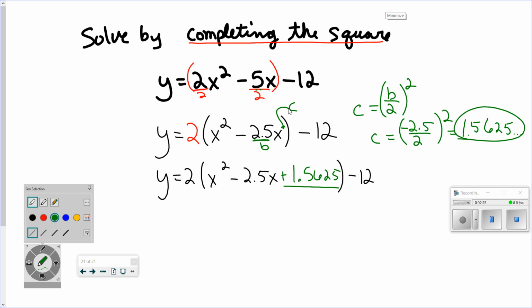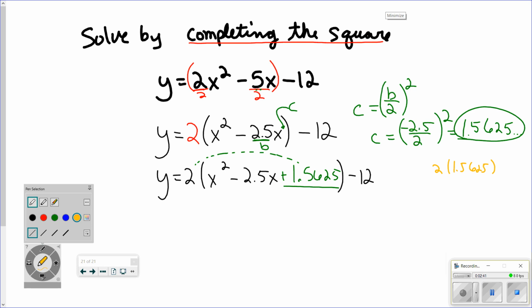That's on the inside of the parentheses that is being multiplied by that 2 out in front. So the value that we added in here is 2 times 1.5625, which is 3.125. So the value that we added in here is a positive 3.125. So we have to balance that on the outside by subtracting it.